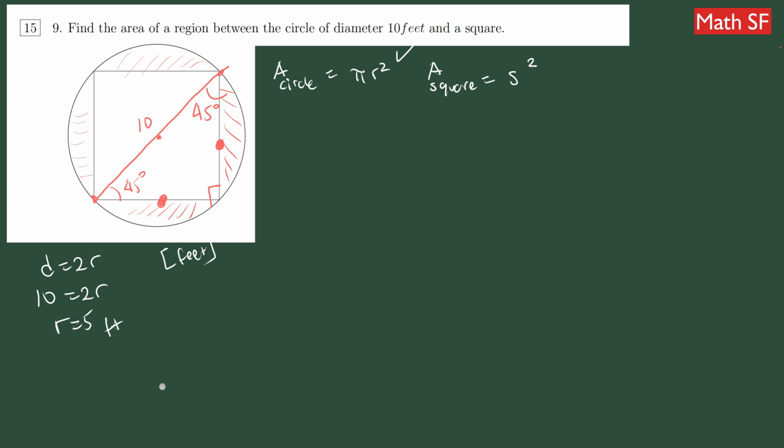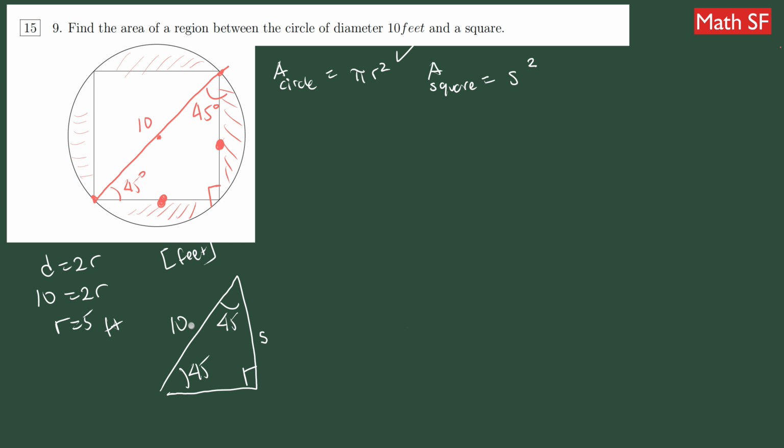So I'm going to picture it here. This is 45, 45, and this is 10. I'm looking for one of the sides here. I'm going to call this L, actually, we're supposed to call it S, because that's the side that you're looking for.